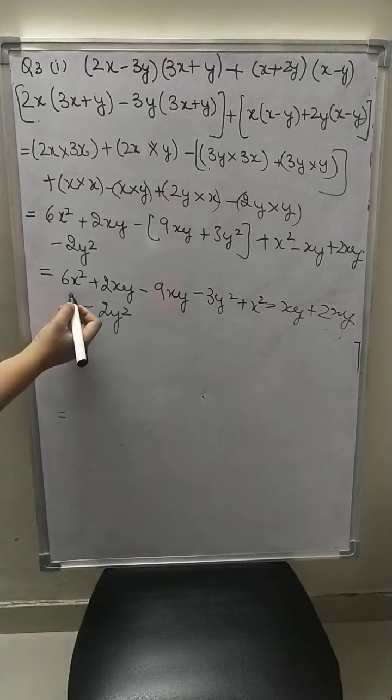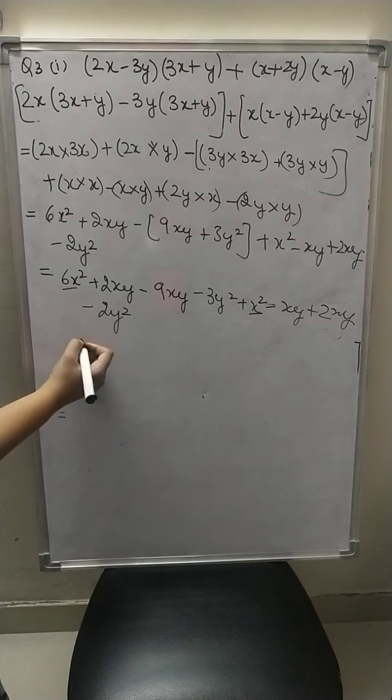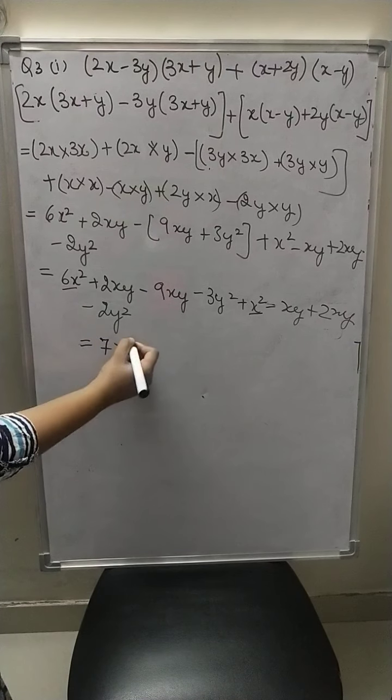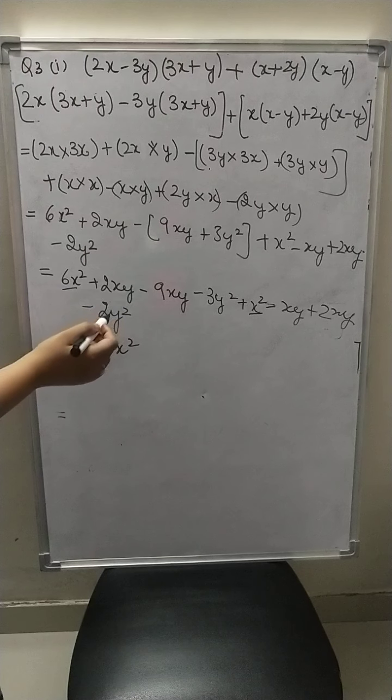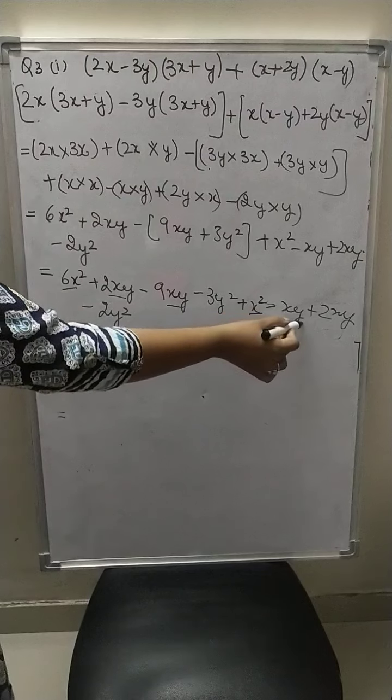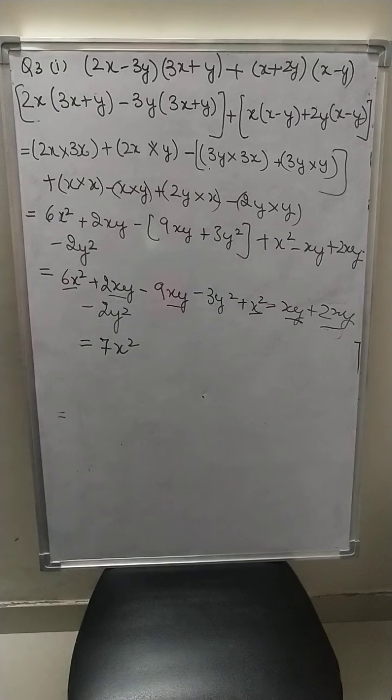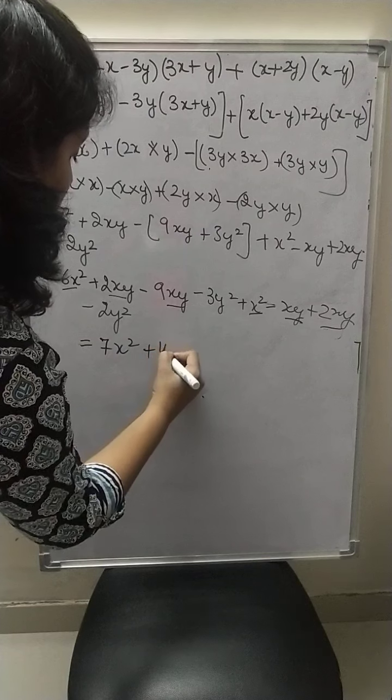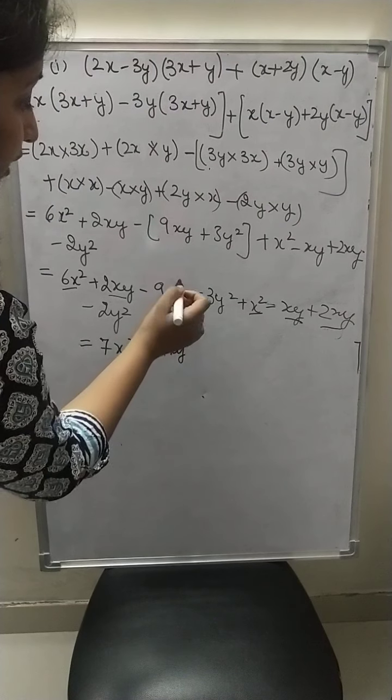Now here children see, 6x square plus x square will give me 7x square, right? Now the xy terms: 2xy, minus 9xy, minus xy and 2xy. The positive terms if I take together, then 2xy plus 2xy means 4xy. So I'm writing plus 4xy. And which are the negative terms?